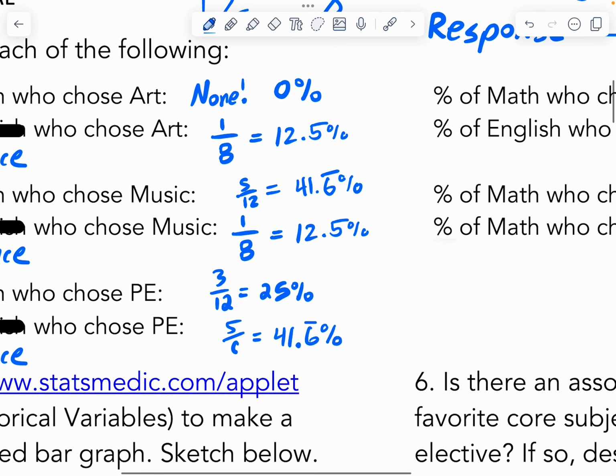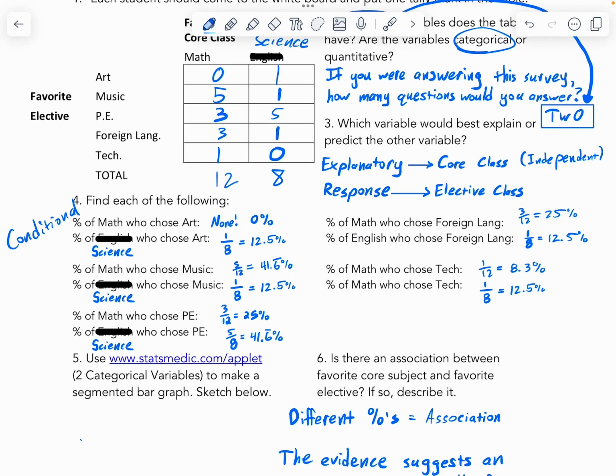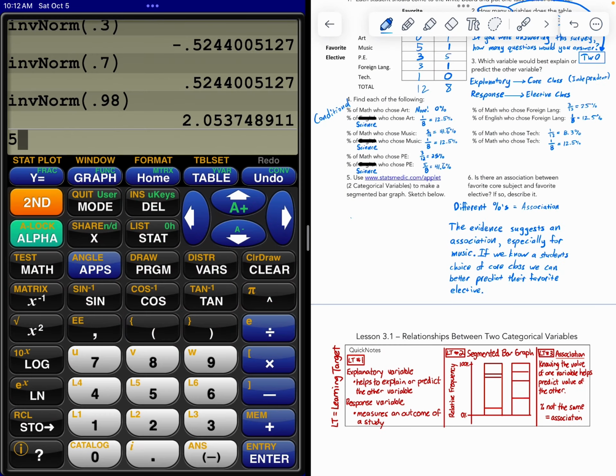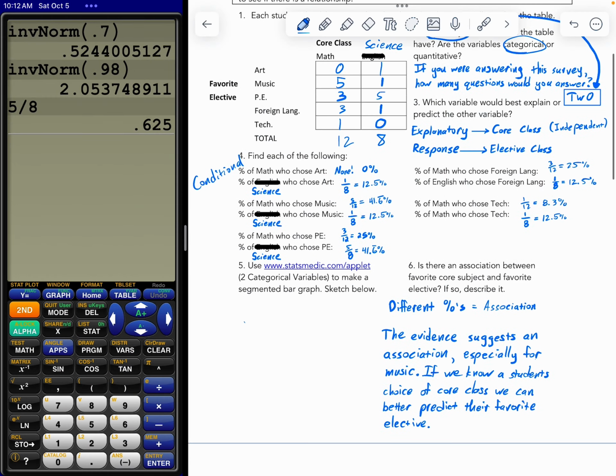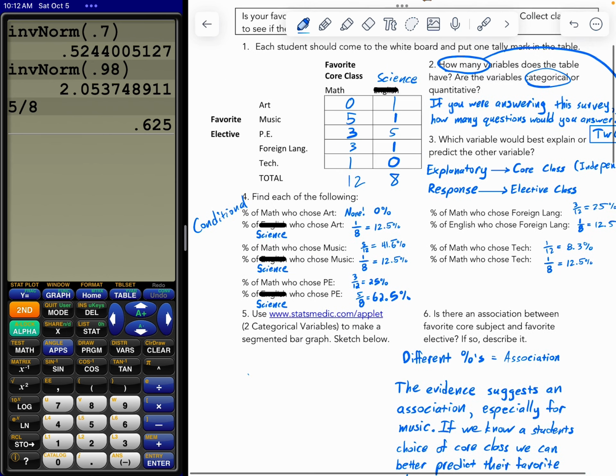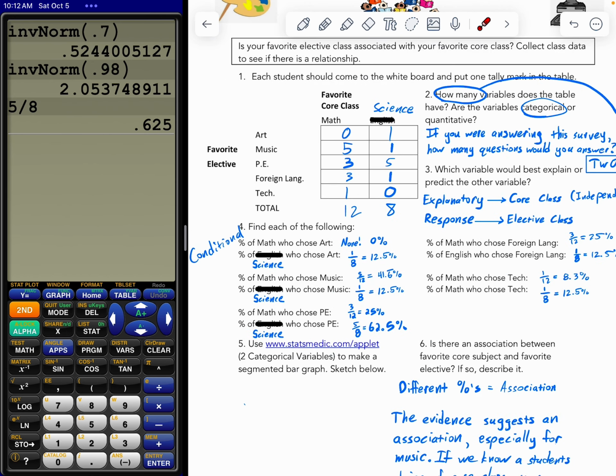So that would be 5/8, which will change my percentage to 62 and a half. 62.5. So again, here, the math people who chose art, that's this group right here.